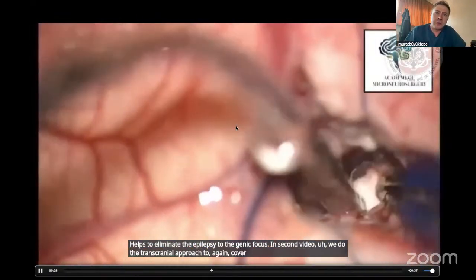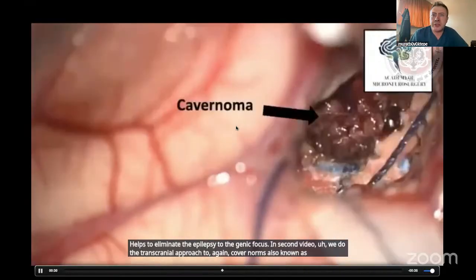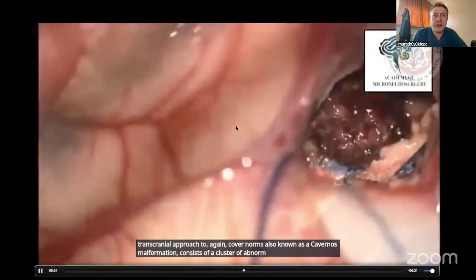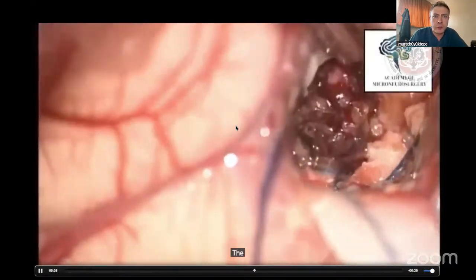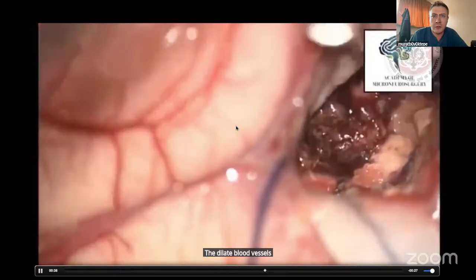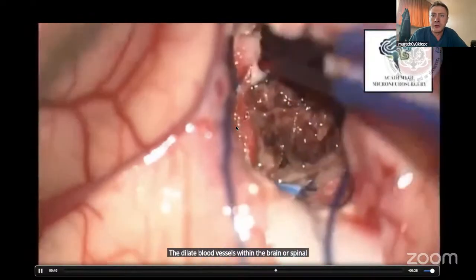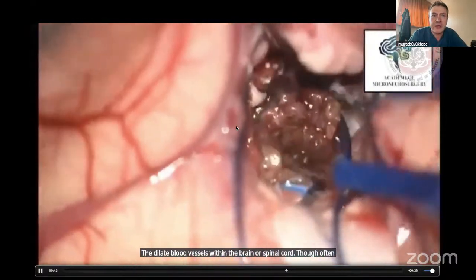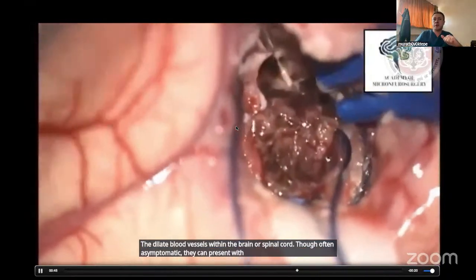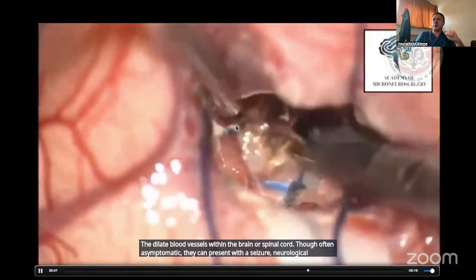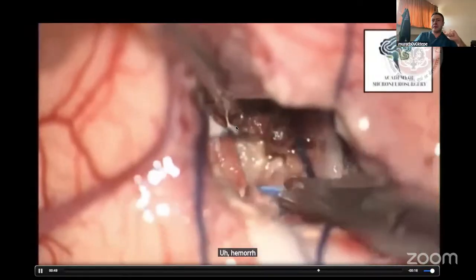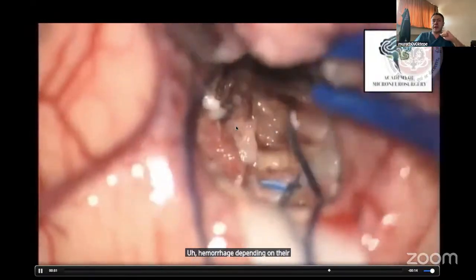Cavernomas, also known as cavernous malformations, consist of a cluster of abnormal, dilated blood vessels within the brain or spinal cord. Though often asymptomatic, they can present with seizure, neurological deficit, or hemorrhage depending on their size and location.